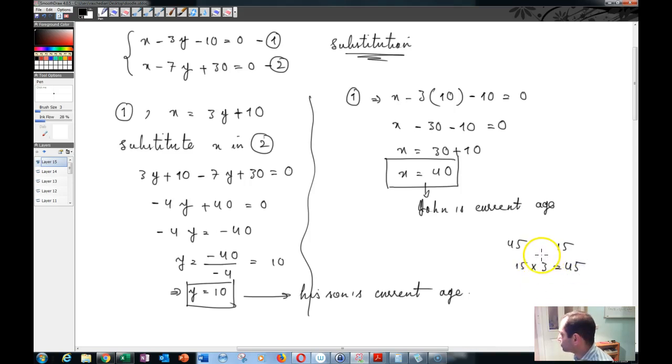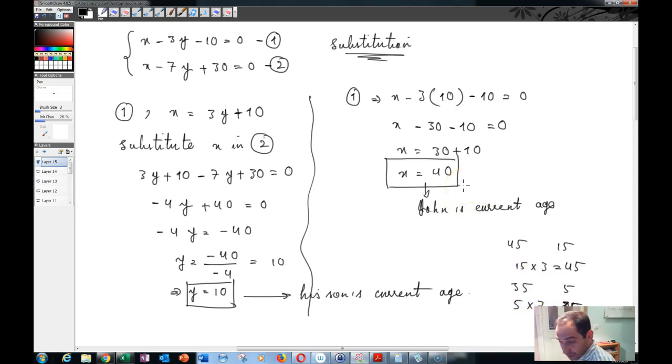And basically 5 years ago, John was 35 and his son was 5. And 5 times 7 is equal to 35. So John's age was 7 times his son's age.